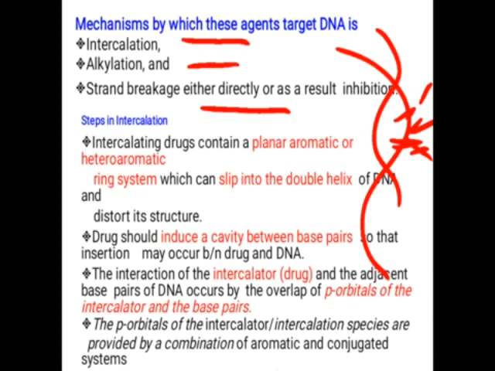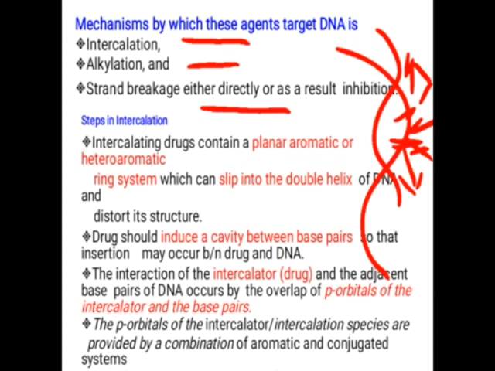When they come in between, this base somewhat moves upward, and this base somewhat moves downward. So the distance between the nitrogen bases increases, and the distance between the bases present above and below this intercalator changes. Due to the change in distance, the stability of the DNA decreases or is lost, and due to this loss of stability, breaking of the DNA takes place. So that is the function of the intercalator.